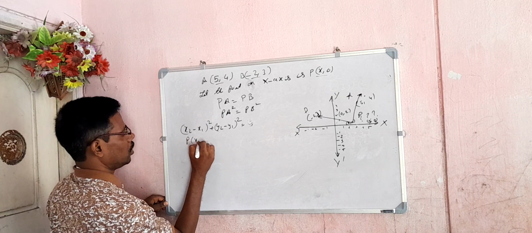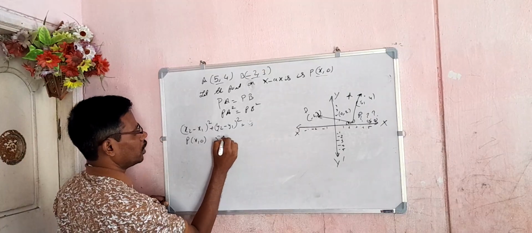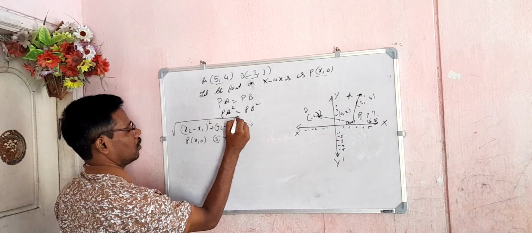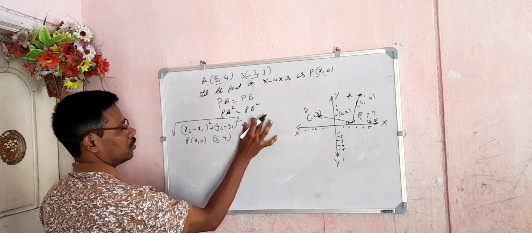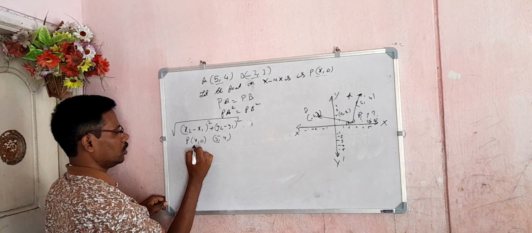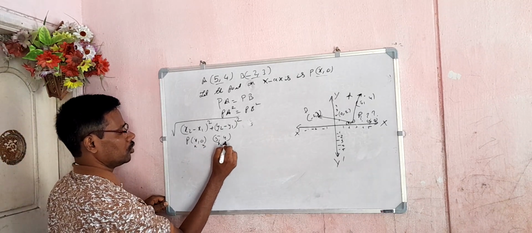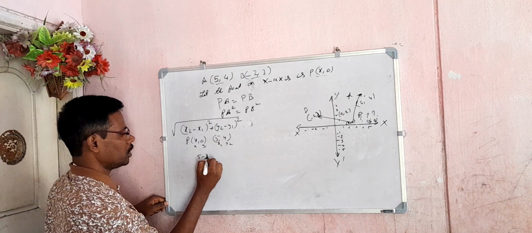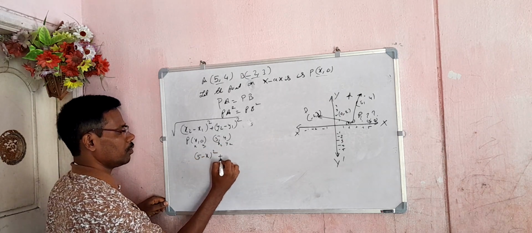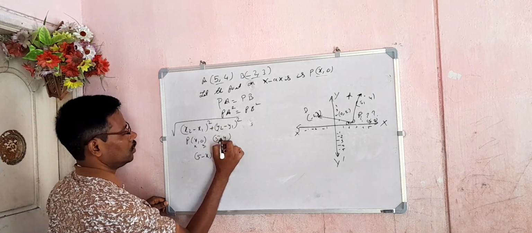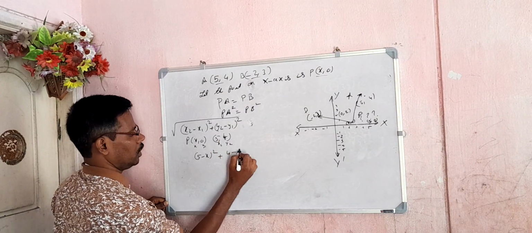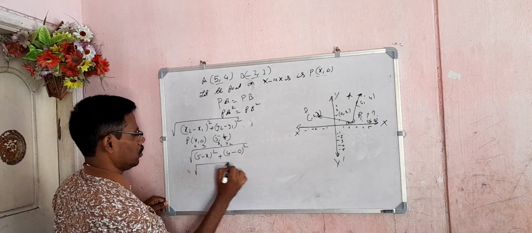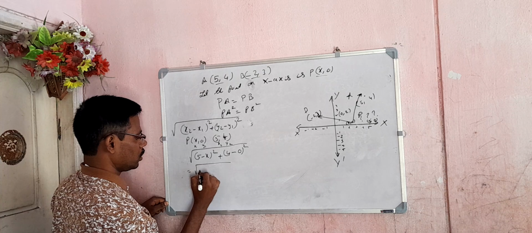P is (x, 0), A is (5, 4). Apply that rule here. This is formula. Now this is x1, y1, x2, y2. (x2 minus x1) whole square, (5 minus x) whole square plus (y2 minus y1), this is (4 minus 0) whole square. (a minus b) whole square.